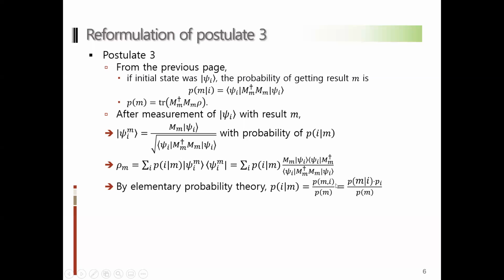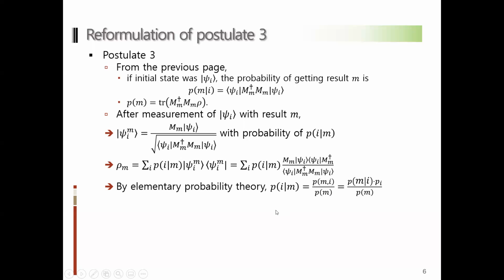Moreover, according to the Bayes theorem, the probability of having both m and I can be obtained by multiplying p sub I and the conditional probability of this one, and the denominator is the same.